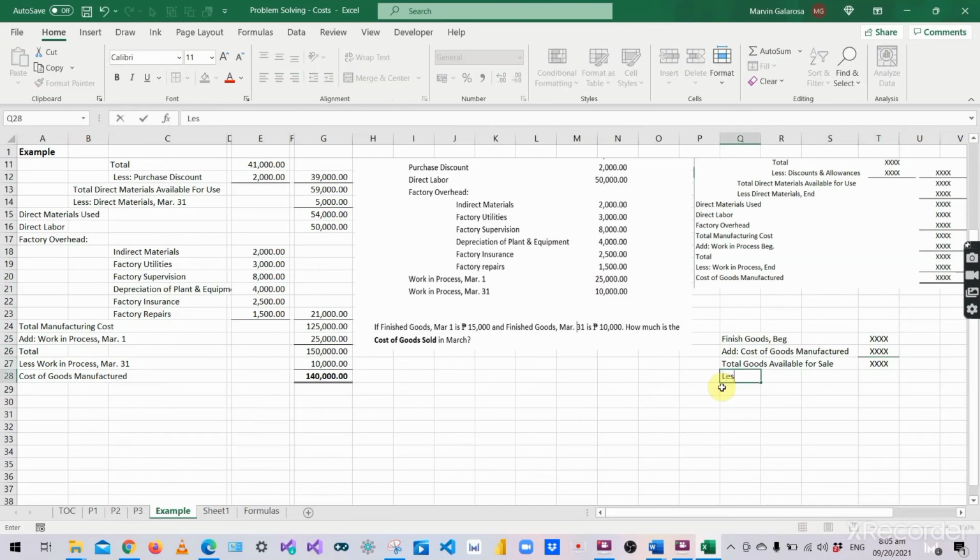And then, ilas mo yung finished goods ending. Makukuha mo na yung cost of goods sold.